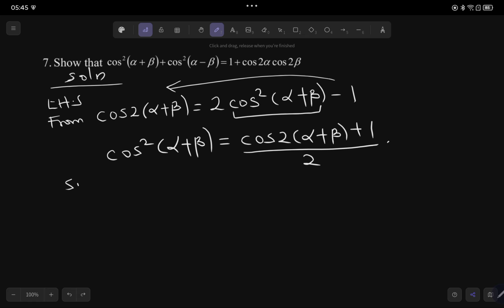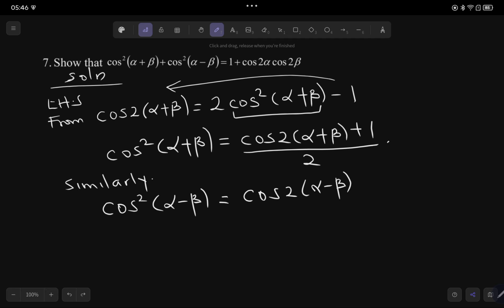Similarly, because we shall go through the same procedure, we shall have cos squared (alpha minus beta) is supposed to be cos of 2 into (alpha minus beta) plus 1, out of 2. Now these ones we shall put on our left hand side.